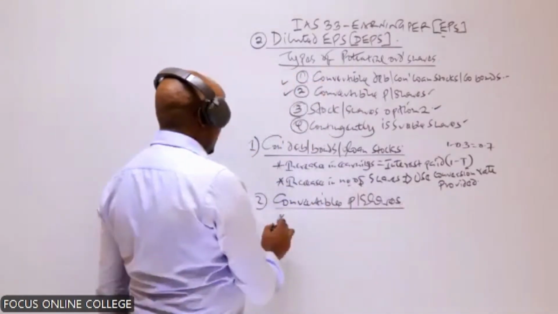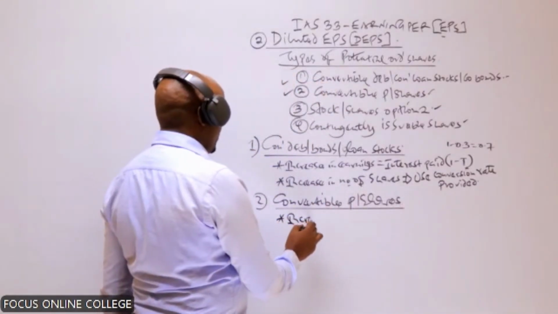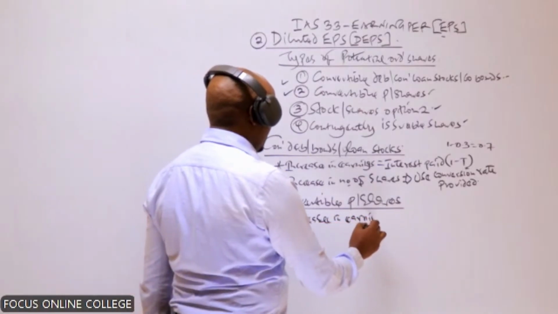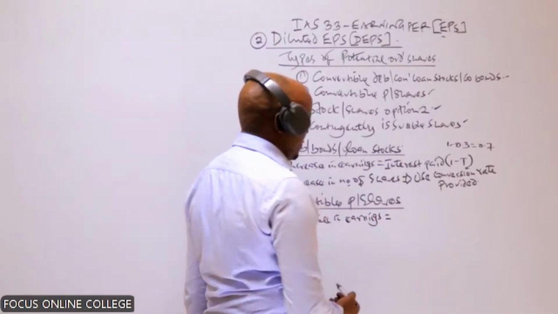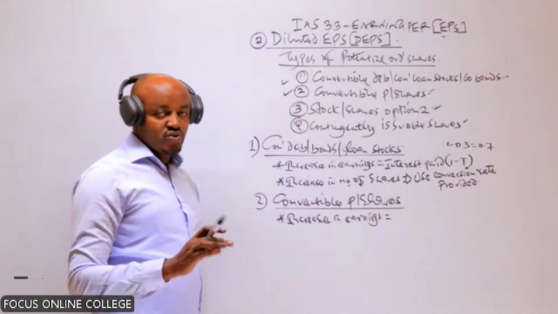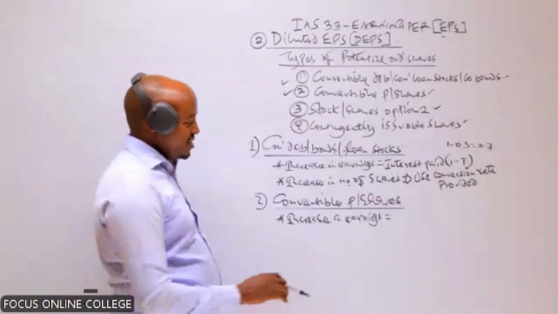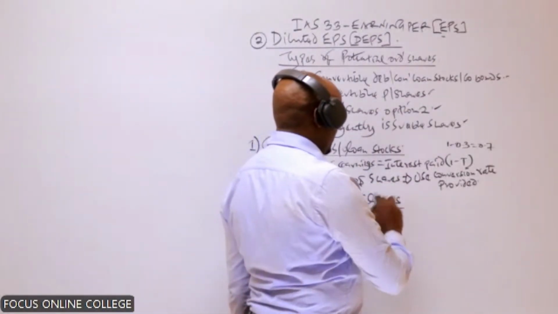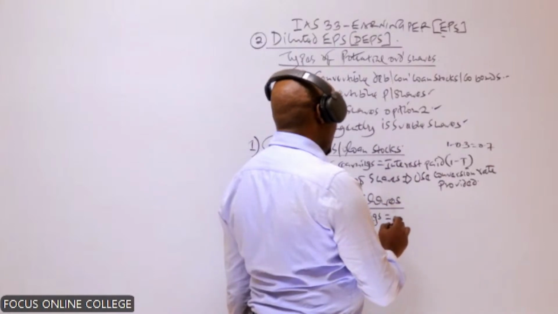In this case, we just need to ask ourselves, how do we compute these two items? How do we compute the increase in earnings? The increase in earnings basically refers to the amount by which the profit attributable to the ordinary shareholders would have increased, on the assumption that these convertible preference shares were converted into ordinary shares during the current year.